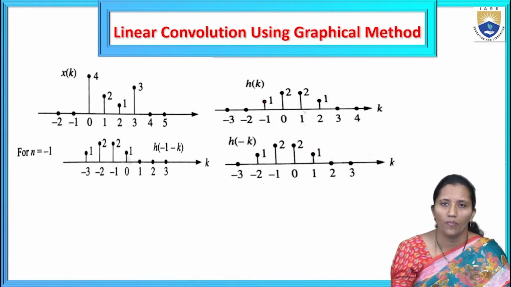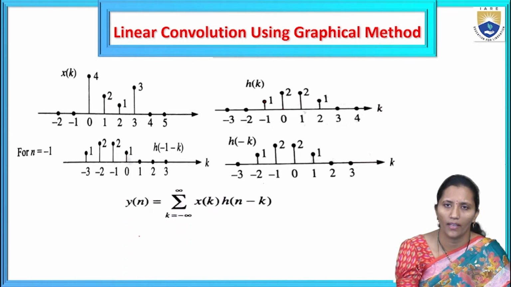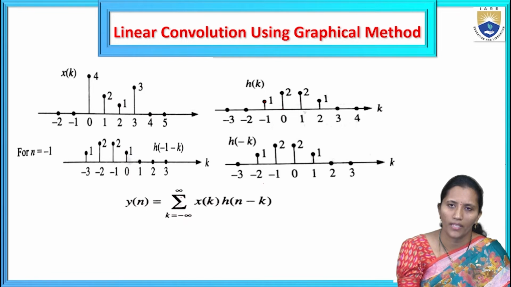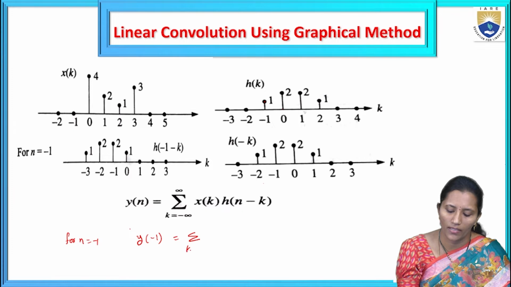So for n equal to minus 1, the formula is y of n is equal to sigma k equal to minus infinity to infinity x of k h of n minus k. So for n equal to minus 1, y of minus 1 we are getting here sigma k equal to minus infinity to infinity x of k into h of, here n is minus 1, so minus 1 minus k.